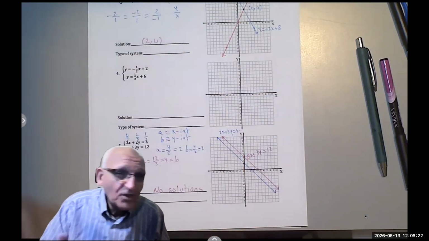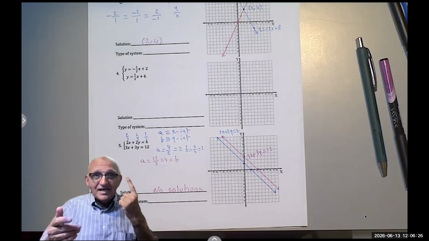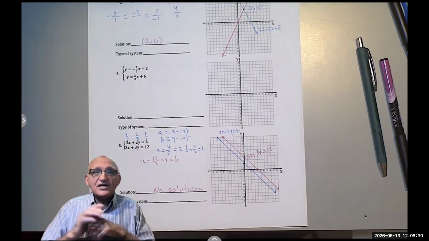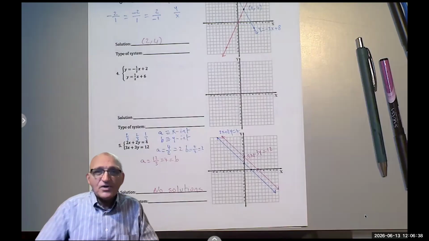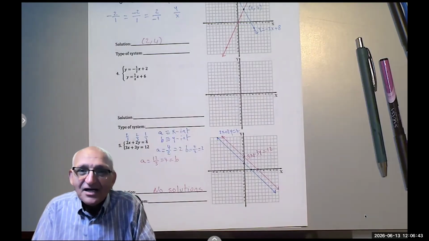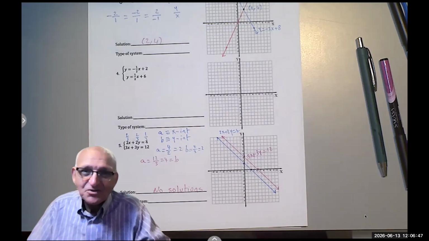We are done pretty much with the linear part: how do I represent a line or two lines, and if I have two lines, how do I find the solution, using substitution, elimination, and now graphing. So we are done with this part of the course. Next time we are going to move to something new. I hope you are still engaged. I wish you all the best. See you soon. Bye.